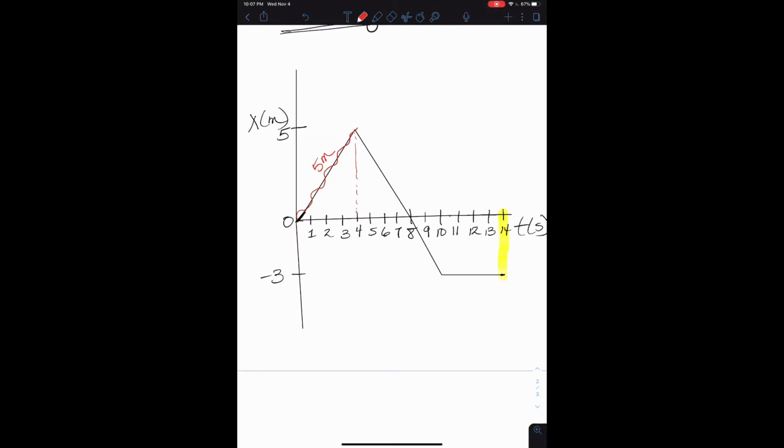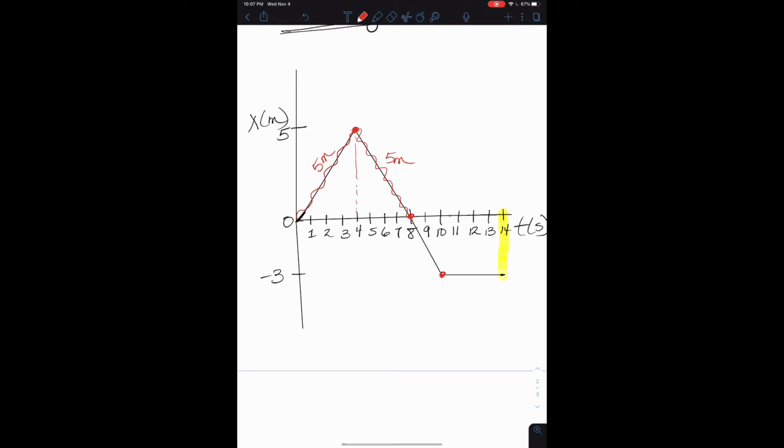Then in the next 4 seconds, to get to 8 seconds, from 4 to 8 seconds, it would go 5 more meters, because it's going from +5 all the way back to 0. Then in the next 2 seconds, from 8 to 10, it gets to -3.